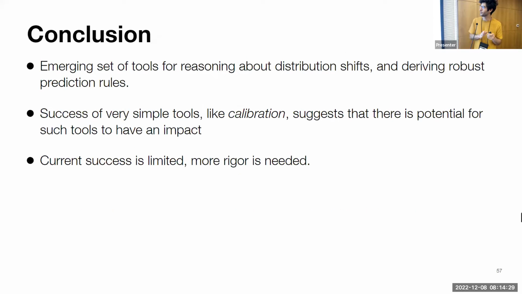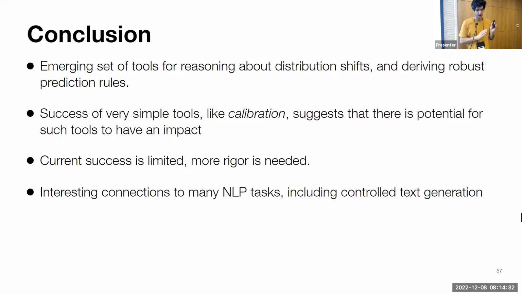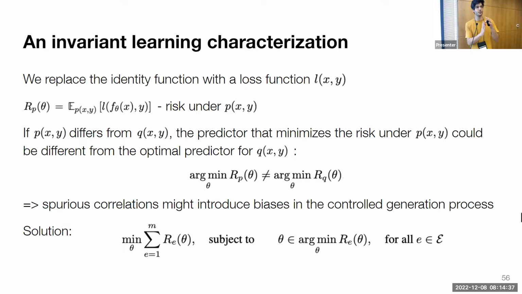So if we summarize this: if we can decompose a conditional generation problem into a classification problem and a generation problem, we can think about the classification problem in a causal way and generate principled solutions that allow us to generate text that is controlling for some attribute while being invariant to changes in our training data.